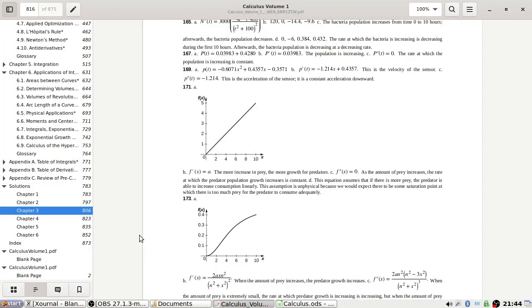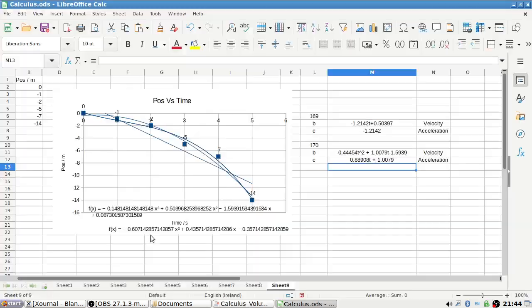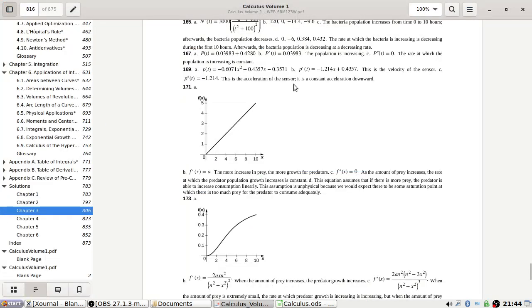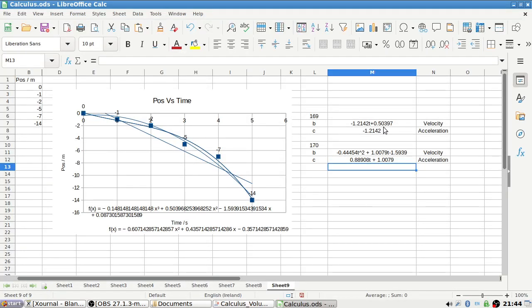Quadratic minus 0.6071, good. Plus 0.43, good. Yep, okay, quadratic's right. Derivative minus, yep. Oh, silly me. I copied the wrong number. I was looking at the quadratic. 0.43571.